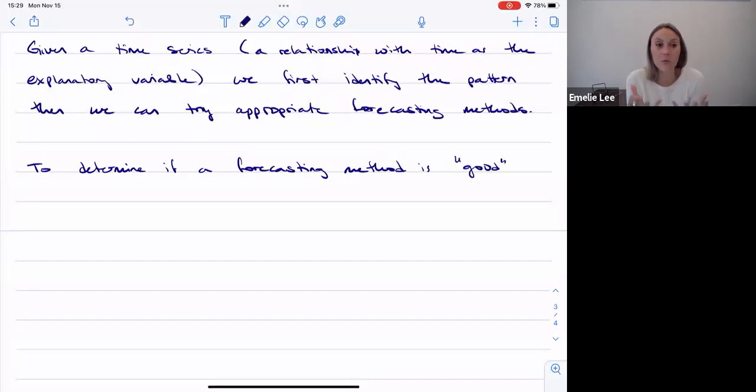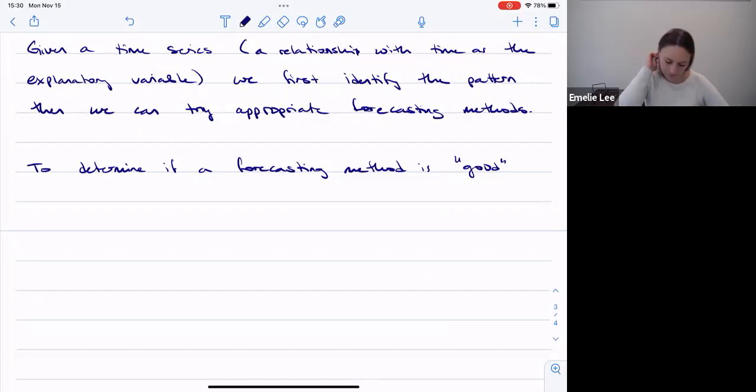To determine if a forecasting method is good, we can apply it to historical data where we already know the outcome. If it's forecasting well in the historical outcome, then we can apply it to the future. We don't know how well it's going to forecast, but we have some idea, and as long as it's forecasting well historically, we feel more comfortable applying it to future forecasts.